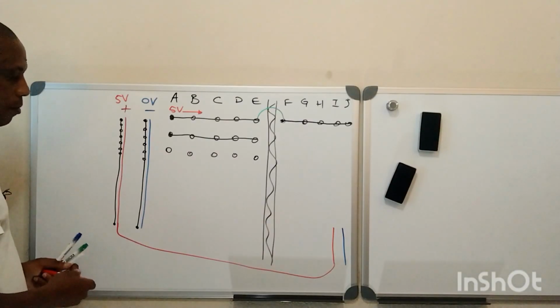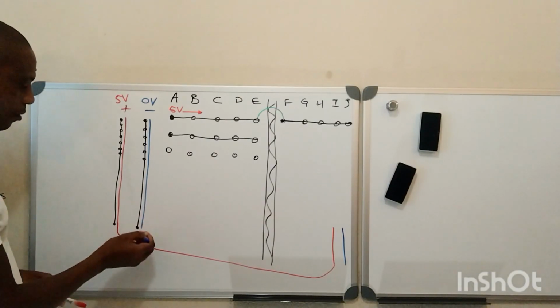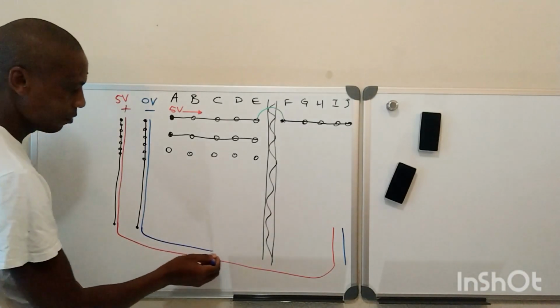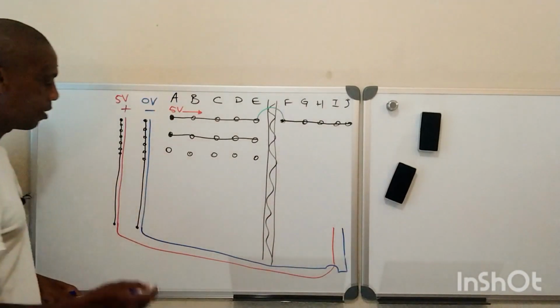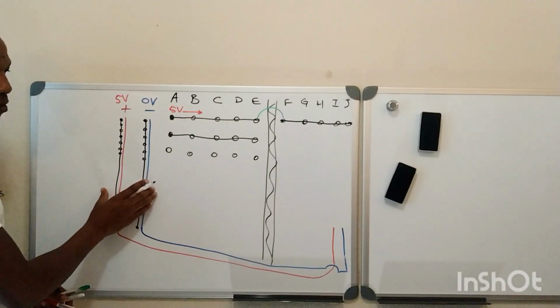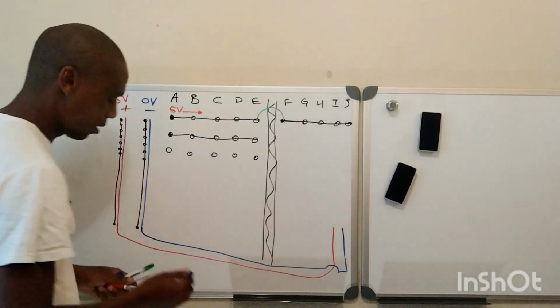With ground, you'll do the same thing from here to this side. That's how you can jump your 5 volt from this side to that side.